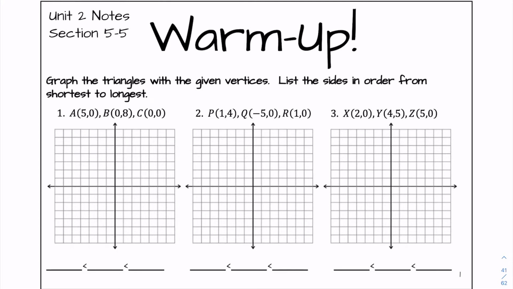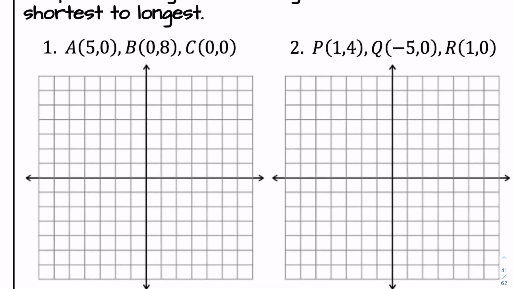Okay, so the warm-up says, graph the triangles with the given vertices, list the sides in order from shortest to longest. And so what I'm going to do is graph this. I'll graph 5, 0. So 2, 4, 5, 0.